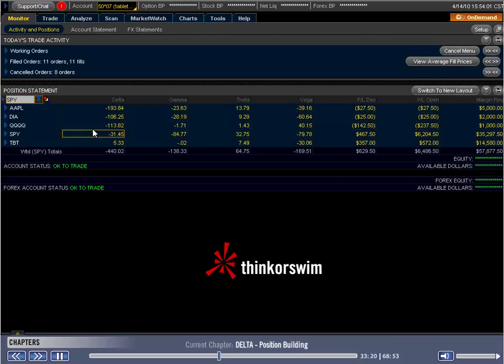Let's say the spiders go down exactly $1. So if the spiders go down exactly $1 at the close tomorrow, what do you really make? You're going to make $31 in directional movement, correct? Because I'm negative 31 deltas. If the spiders go down $1, you're going to make $31. Great.